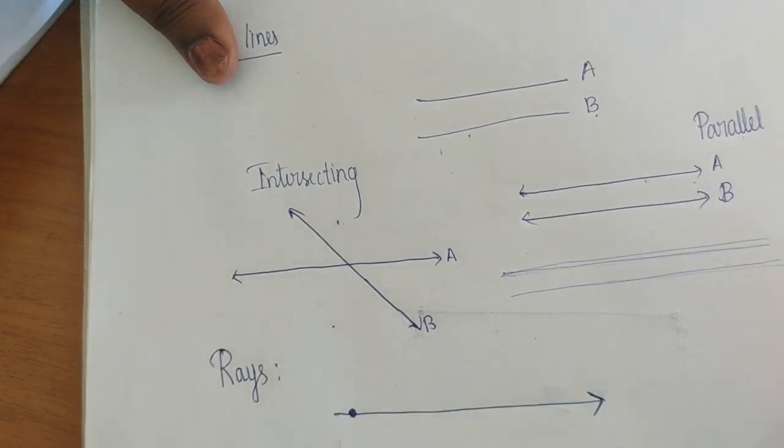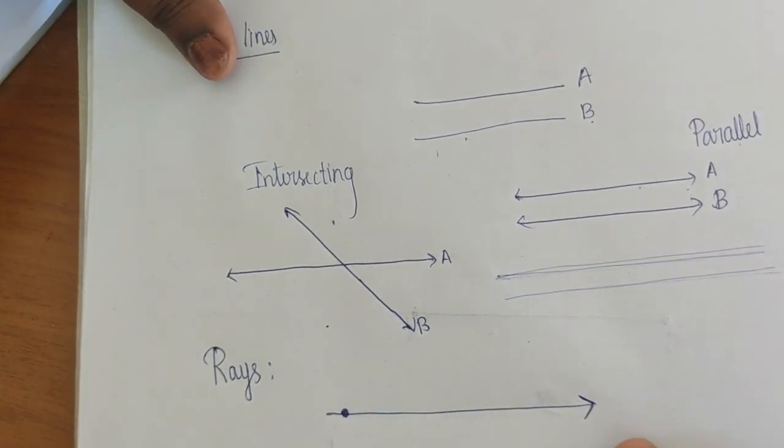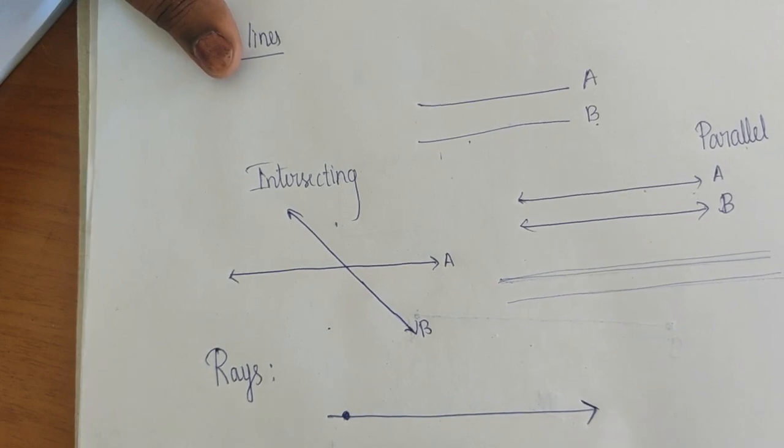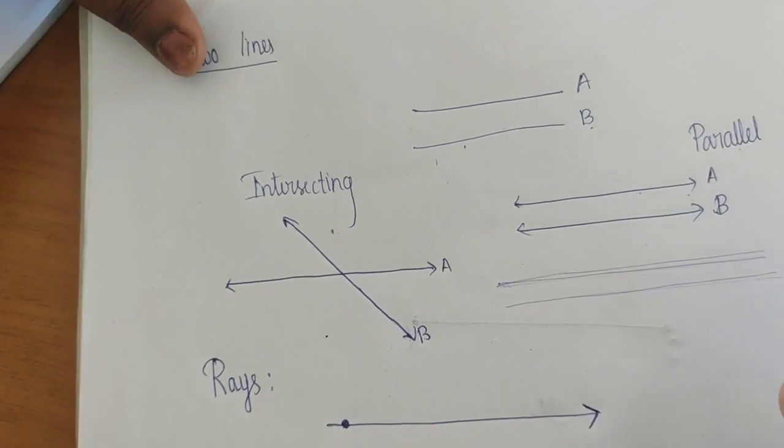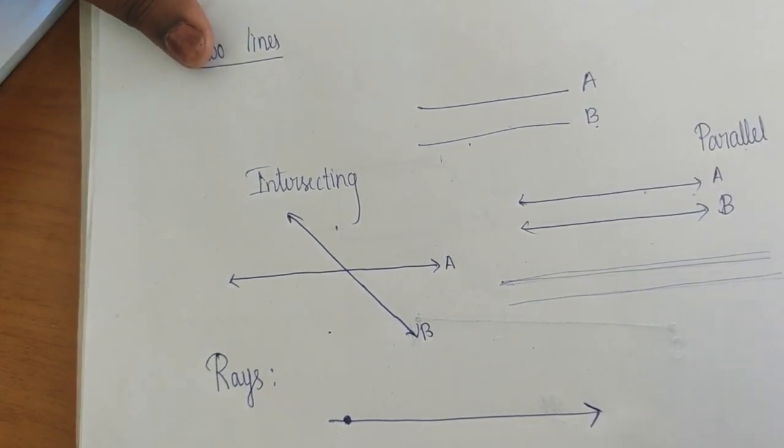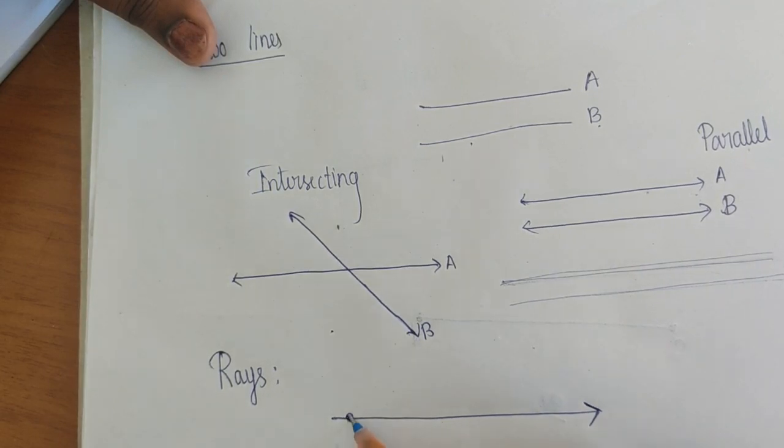So this is called a ray. The fixed end point of a ray is called the starting point. So this fixed end point is called the starting point.